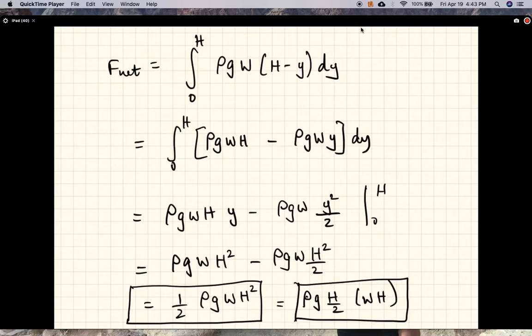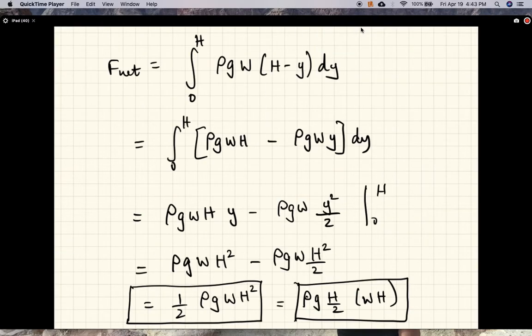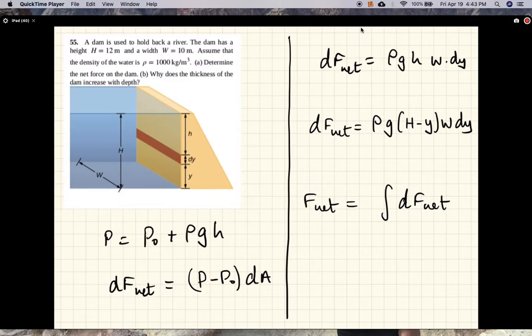Now we still have to answer part B. Okay, so this is part A. Notice that the force on this strip is given by that, or rather we'll write it like this.